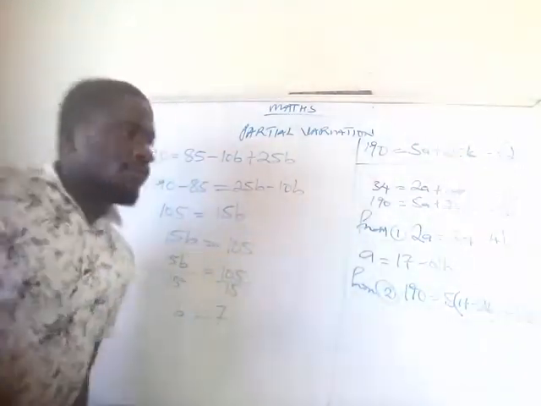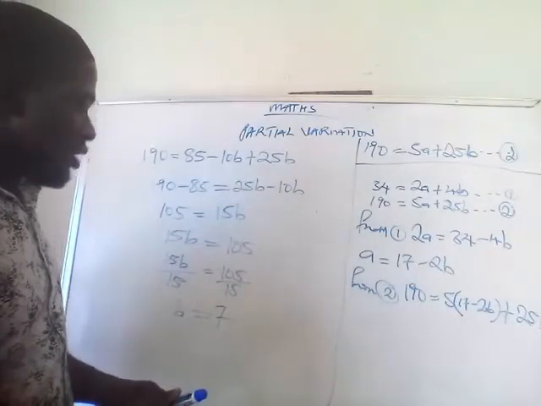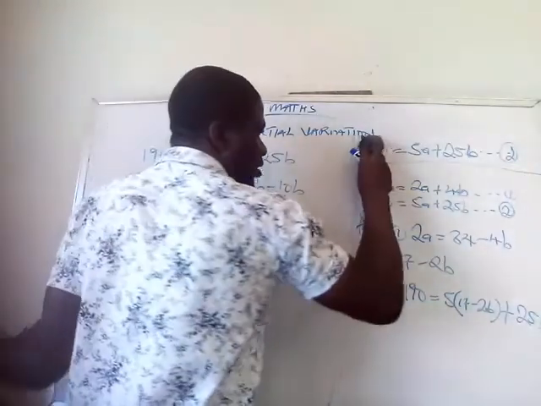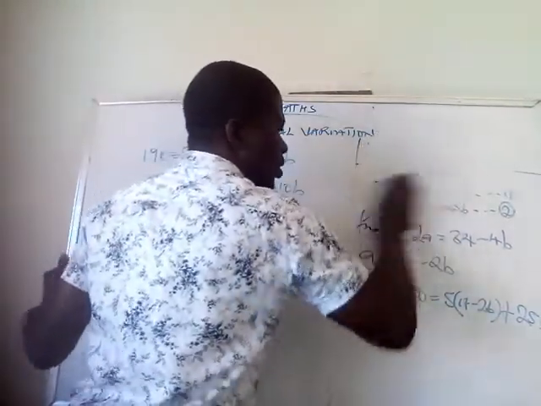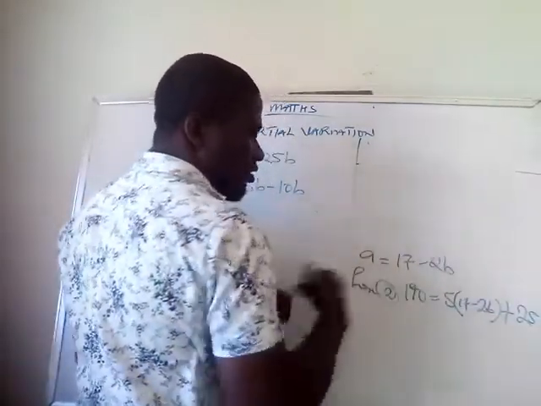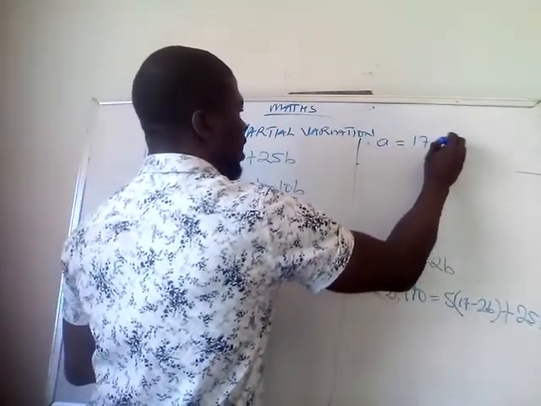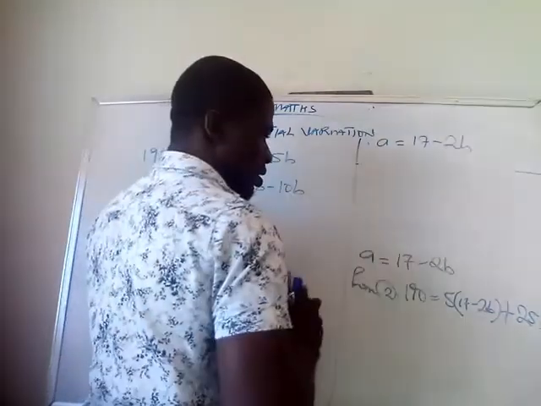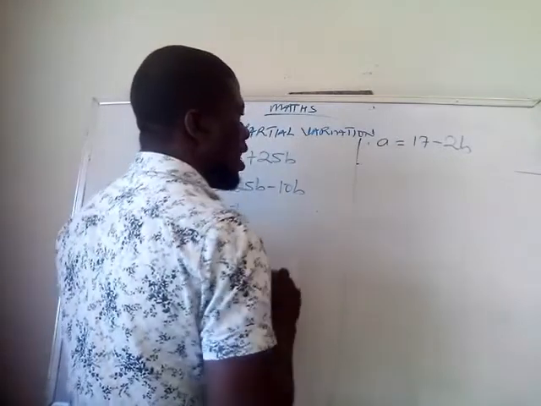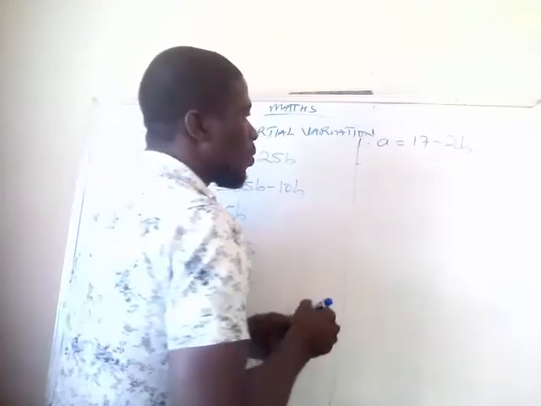Finding A from where we have A equal to 17 minus 2B. Remember, A equal to 17 minus 2B. Then we have our B as 7.